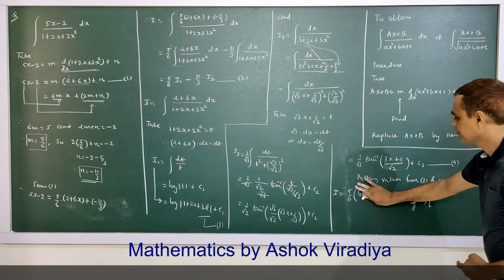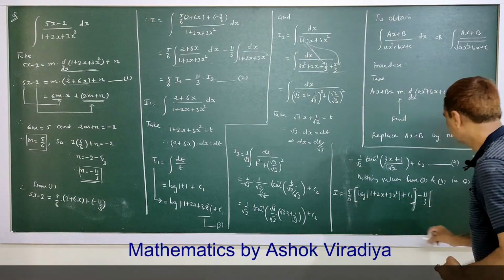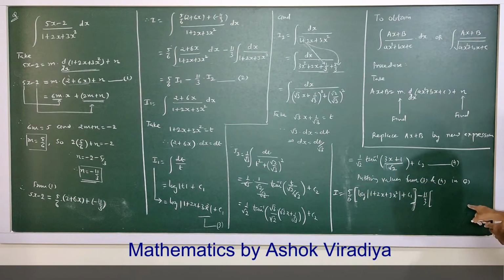I2 is 1 by root 2 tan inverse 3x plus 1 by root 2 plus c2.